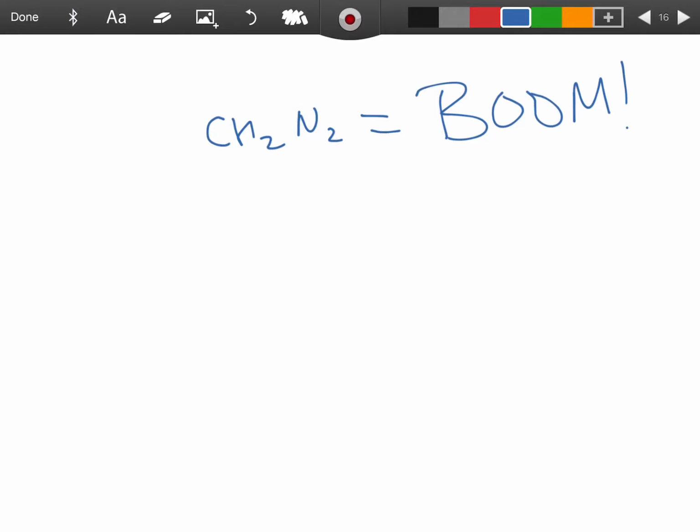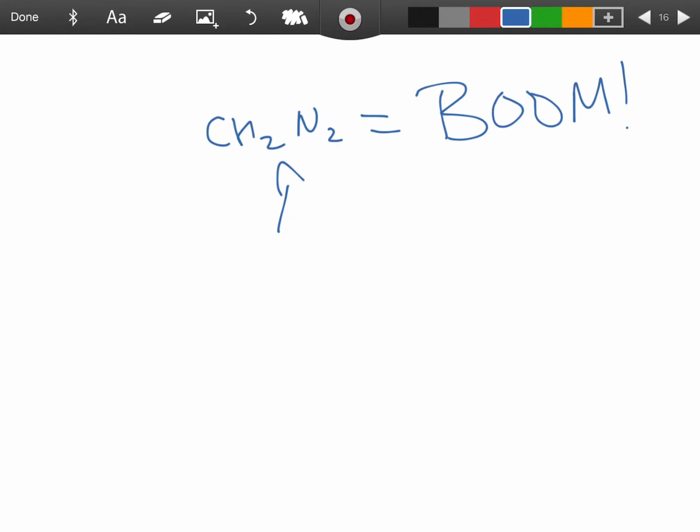You have to buy glassware that doesn't have ground glass joints, because the friction of two ground glass joints going together causes this stuff to blow up. So they put the TMS group on there, so it's just a little bit less boom, but it's still scary AF. Reagent I never used. I've heard stories. I'm just like, no, I'm good, thanks.